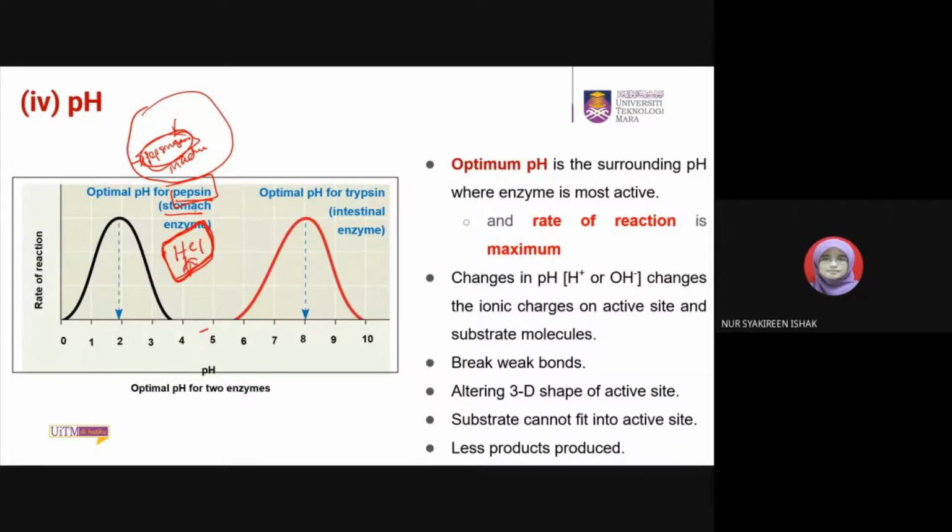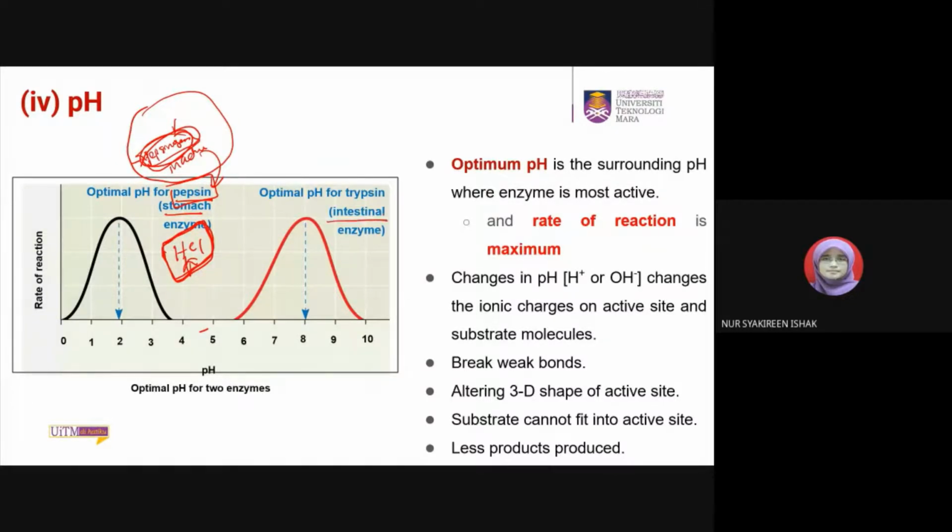In the presence of HCl, pepsinogen turns into pepsin, the active form, which is used to break down protein. So the digestion of protein occurs inside your stomach using the enzyme pepsin.